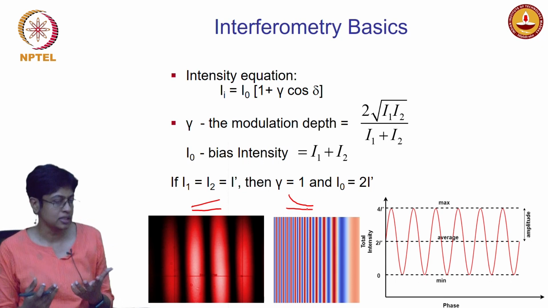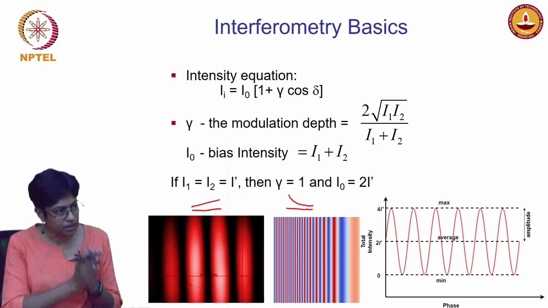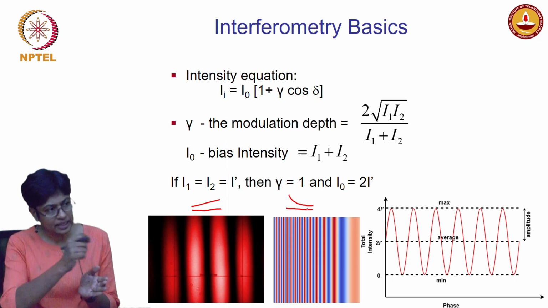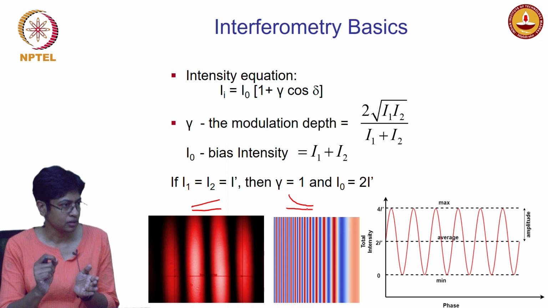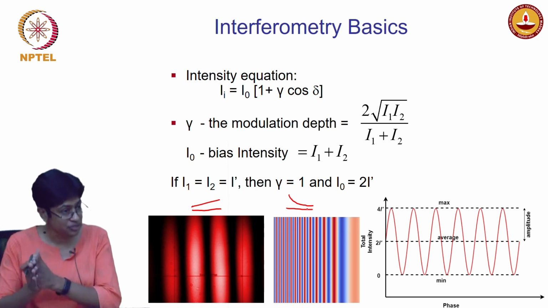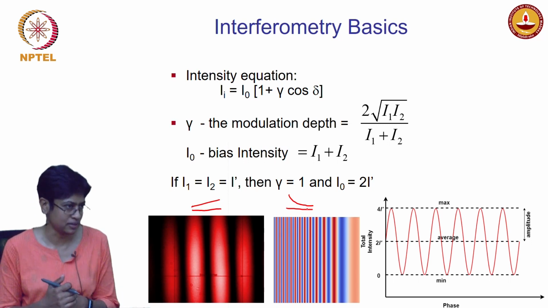And the fringes, to be more specific, let us say wherever you have constructive interference, they indicate the path where the optical path length difference has one value, and clearly the way that optical path length difference is varying is what you can see in the fringe pattern.